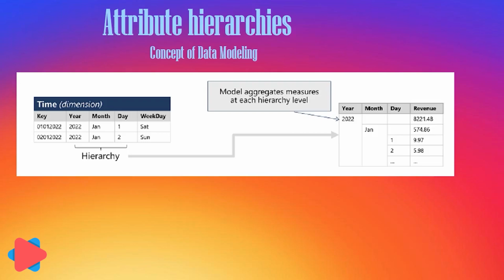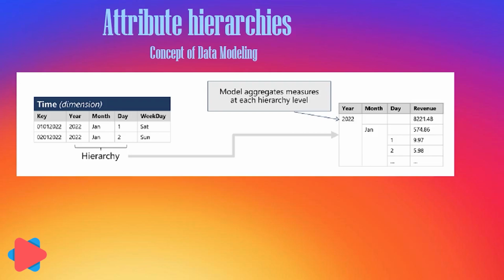Similarly, in the customer table, a hierarchy could be formed to represent multiple named customers in each city. Finally, in the time table, you can form a hierarchy of year, month and day. The model can be built with pre-aggregated values for each level of the hierarchy, enabling you to quickly change the scope of your analysis. For example, by viewing total sales by year, then drilling down to see a more detailed breakdown of total sales by month.